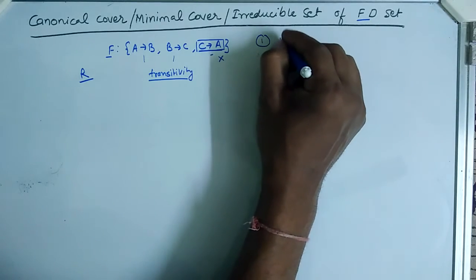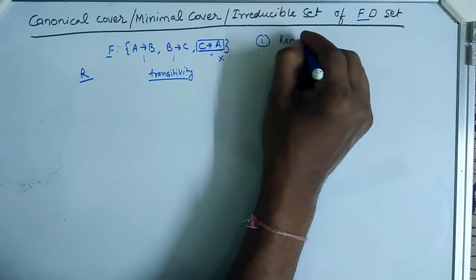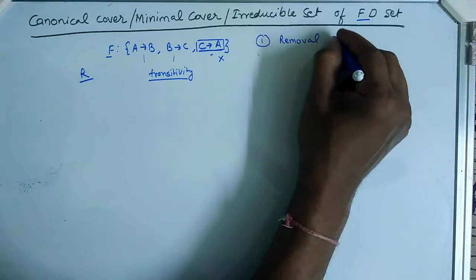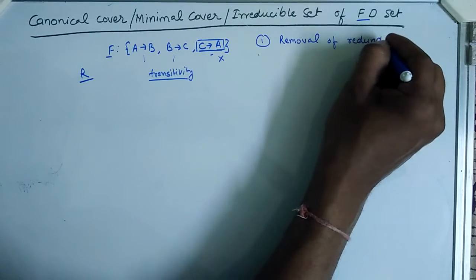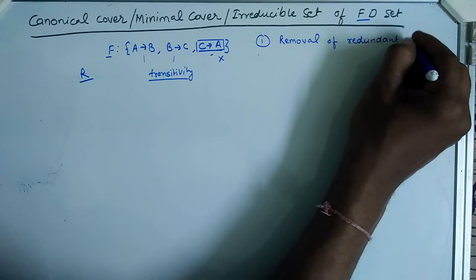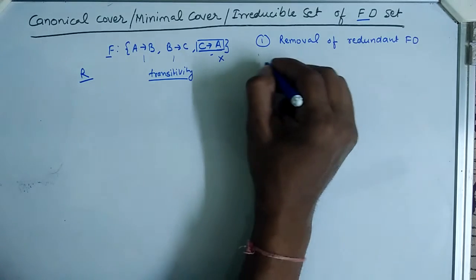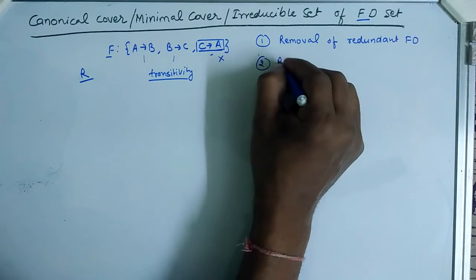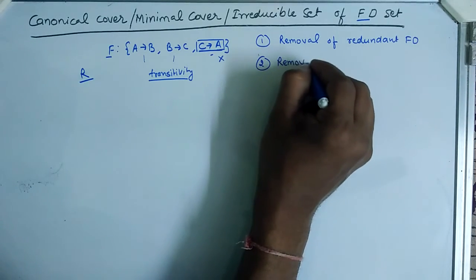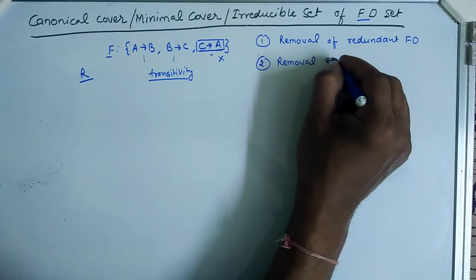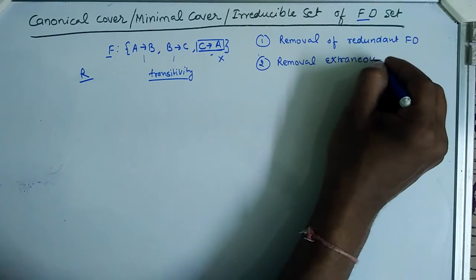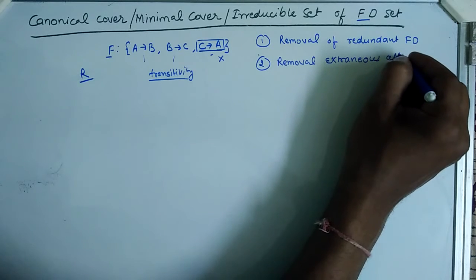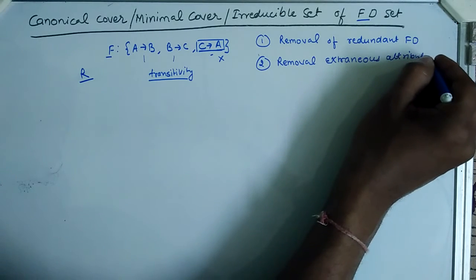First is removal of redundant functional dependency. Second is removal of extraneous attributes.